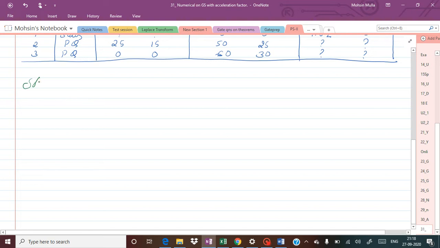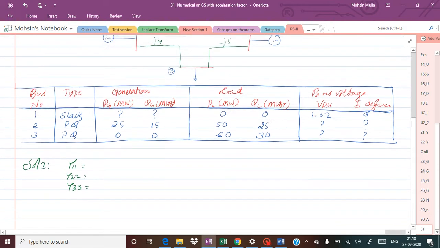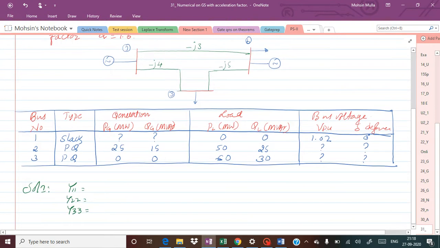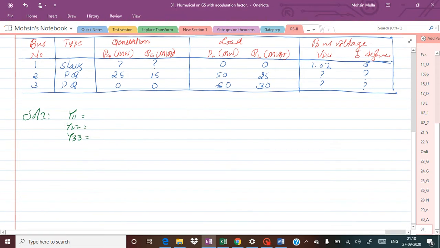Directly they have given the admittances for each of the buses. The diagonal elements of the Y bus will be Y11, Y22, Y33, which are nothing but the admittances connected to each bus. For bus 1 the two admittances are minus J3 and minus J4, so we add those: minus J3 minus J4 equals minus J7 per unit.